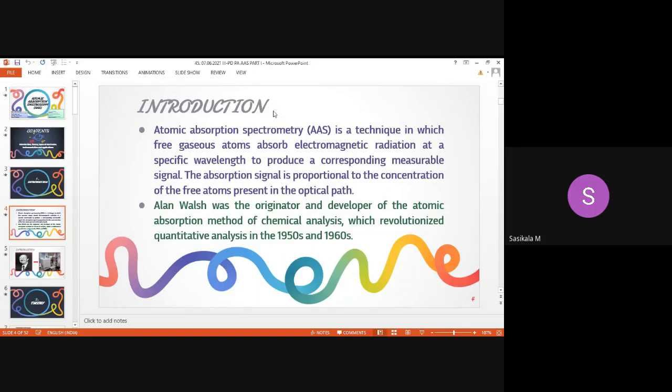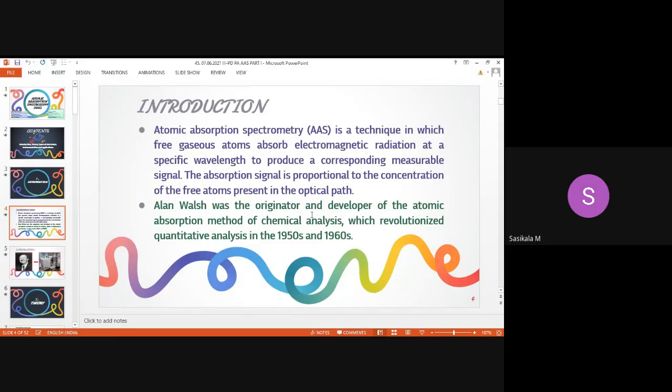That concept is used for analysis of free atoms present in the optical path. The optical path represents the path of radiation. You should have seen the instrument in UV visible spectroscopy. The path of light is from the source to the monochromator, then to the sample compartment, then to the detector, then to the recorder to get the spectrum.